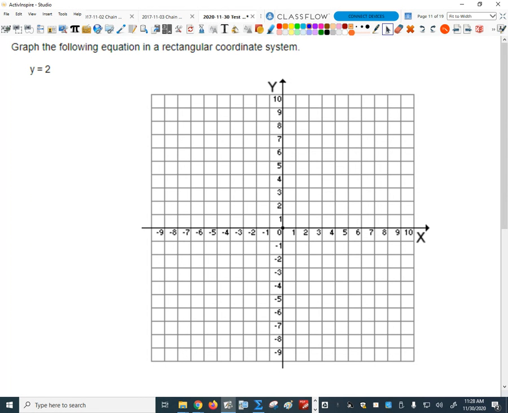Owen, you there? I guess not here. So, Savannah, bail him out here. What's that going to look like? Y equals 2.